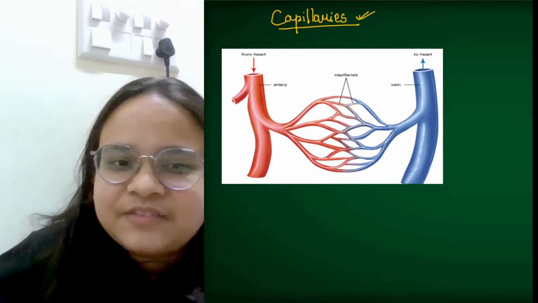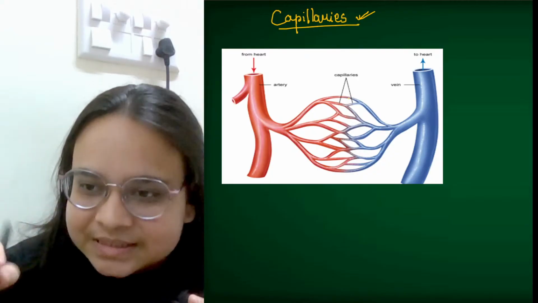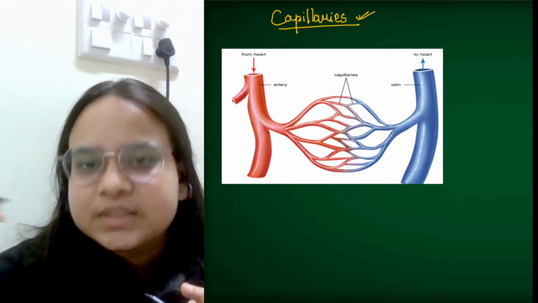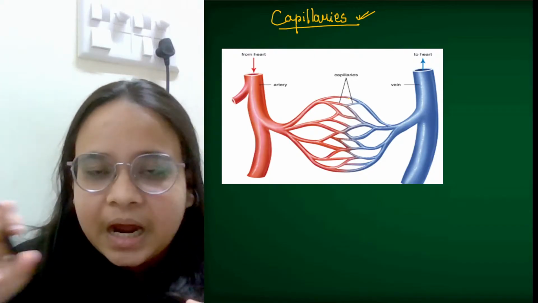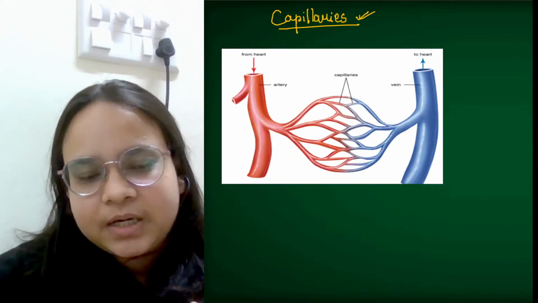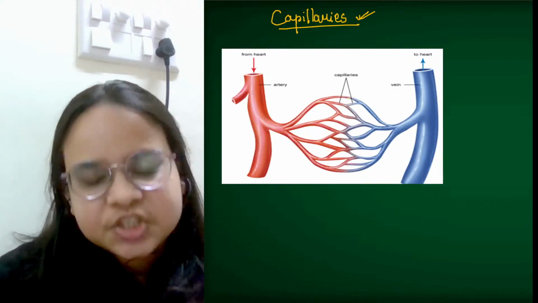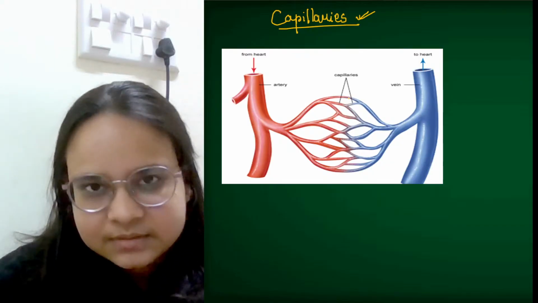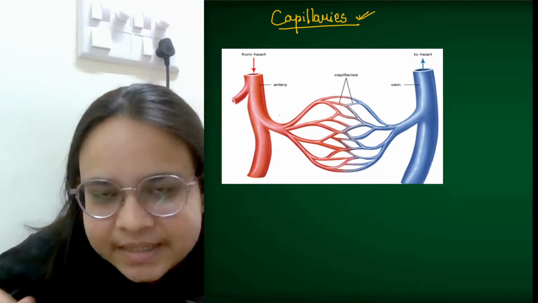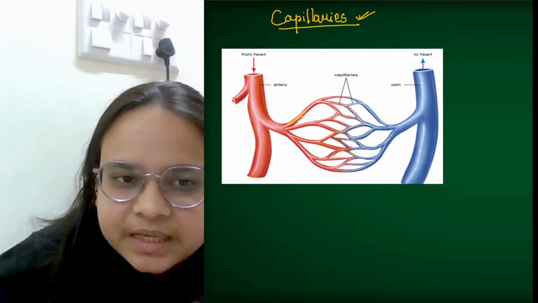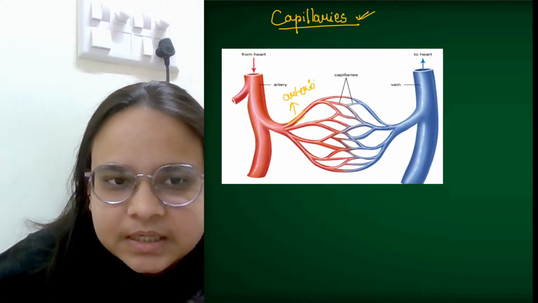Capillaries are nothing but very fine and very thin tubes, which send nutrition, oxygen, and all the essential elements to those parts of our body where an artery or vein cannot send blood or nutrients or oxygen or any essential element required for survival. Now, the artery gets divided into finer tubes, and these fine tubes are called arterioles.